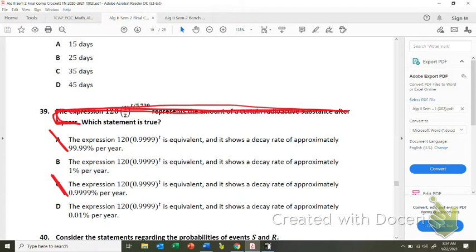So which one out of A, B, C, or D has the smallest percentage? D. Now, if it said which one has a growth rate, we're looking for the highest percentage, so it would be A, right?